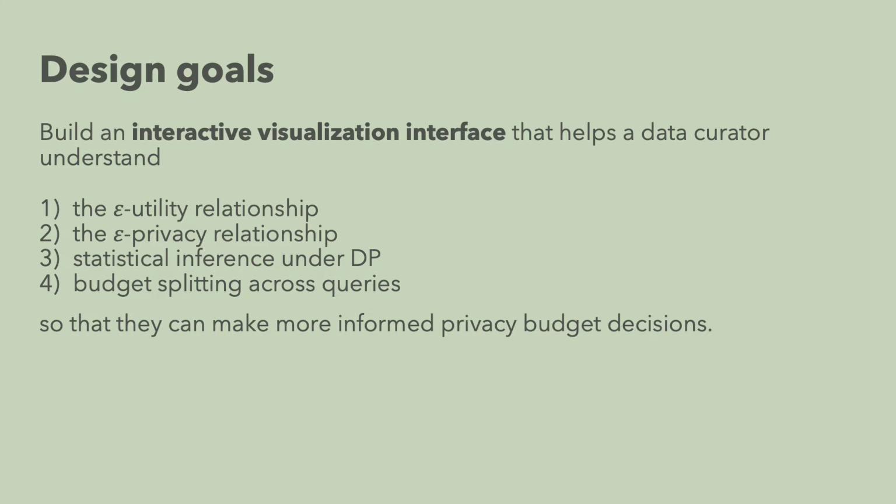For the 3rd design goal, we wanted the interface to help a data curator understand statistical inference under DP, especially how sampling error and DP noise combine in confidence intervals constructed under DP. And 4th, we wanted the interface to help in the budget splitting task. We felt that if an interface could achieve these goals, the data curator could make more informed privacy budget decisions that take into account their domain knowledge about weighing privacy and utility in a particular context.